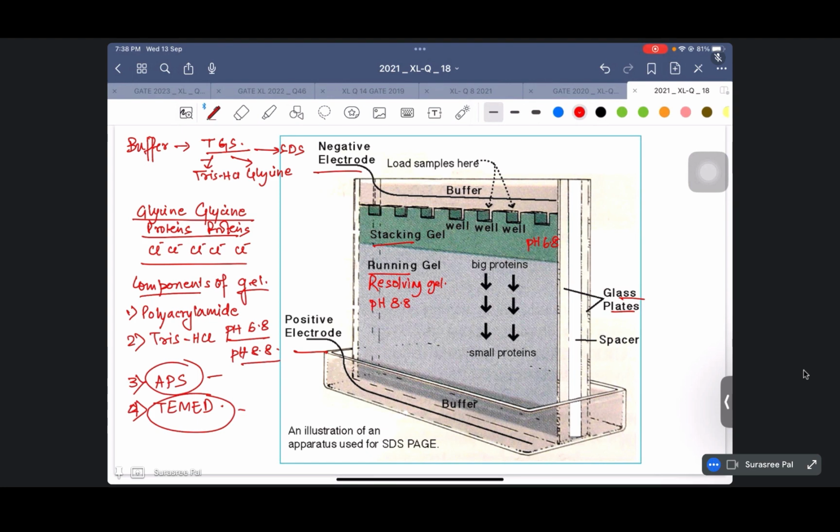It will remain in liquid form, because when we mix the acrylamide and bisacrylamide together, they are usually liquid. Even if you have powder, you can dissolve it in water, and that will be your polyacrylamide, which will have 29% acrylamide and 1% bisacrylamide, but that's a liquid. It will only solidify when we add APS and TEMED. So these are the two major components which are very crucial for the solidification of the gel.